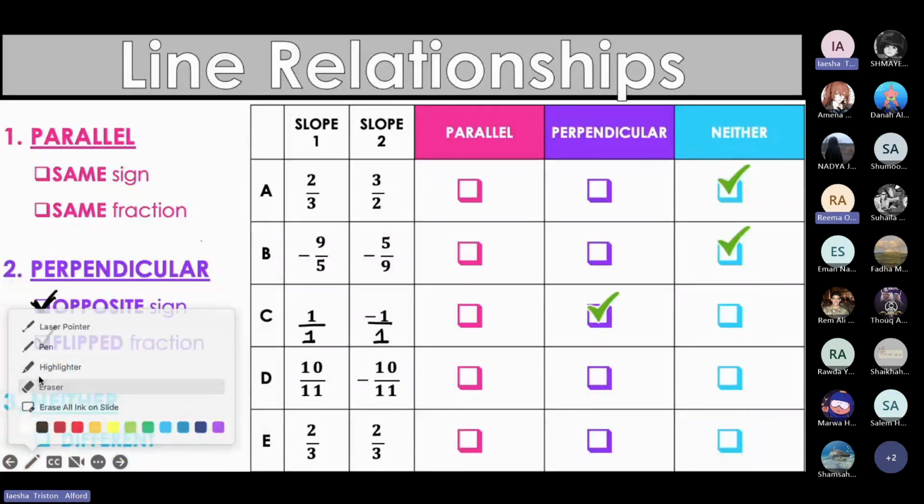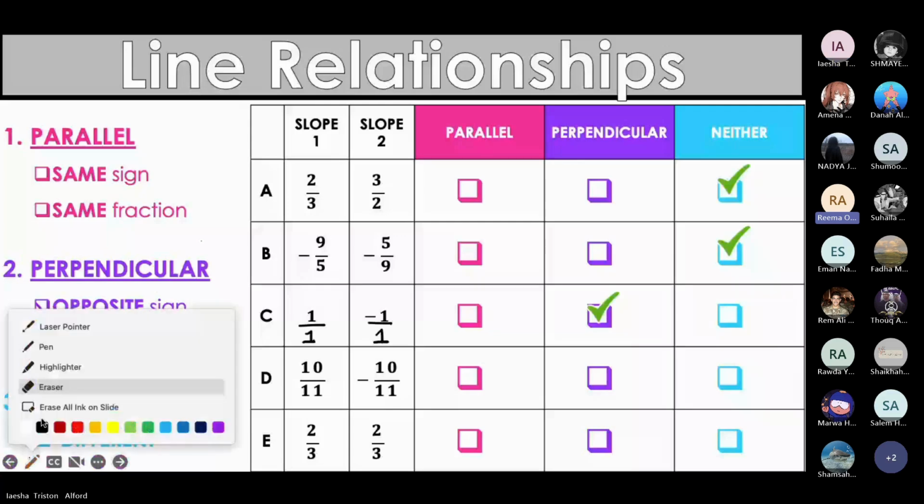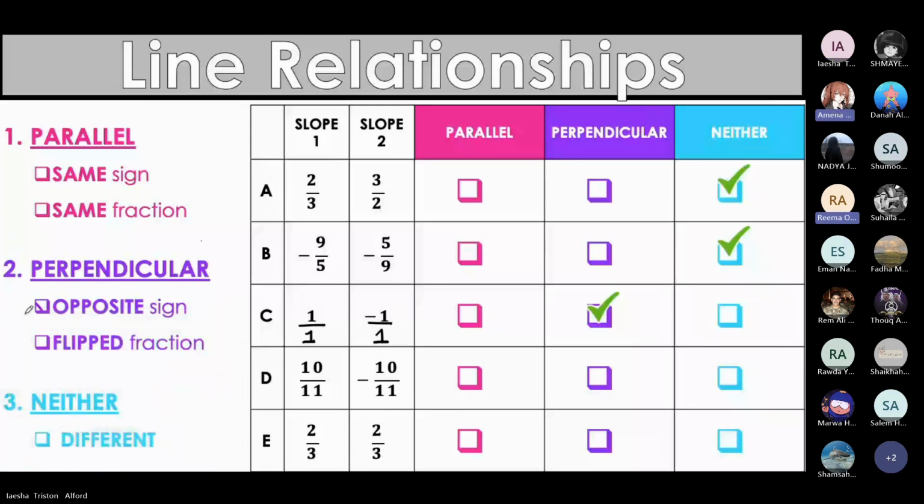Then we have D. Same sign or opposite sign? Opposite sign. Do you have flipped fraction? No. So what is the name? Neither. For E, same sign or opposite sign?